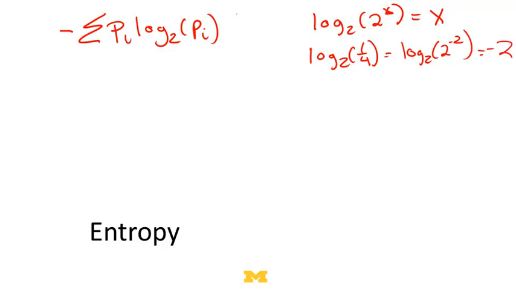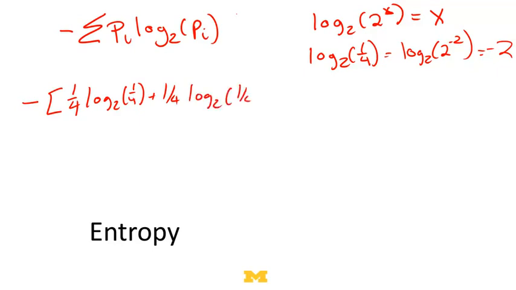So if we take our example we had before and compute the entropy, we'd get minus 1/4 log base 2 of 1/4 plus 1/4 log base 2 of 1/4 plus 1/4 log base 2 of 1/4, and then one more, plus 1/4 log base 2 of 1/4.